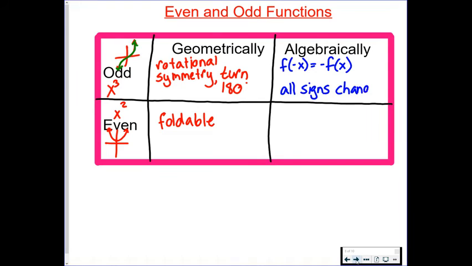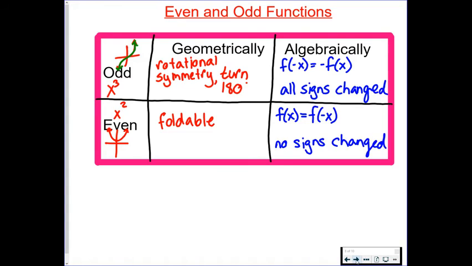You multiply by a negative, that flips the signs. That means it's an odd function. If it's an even function, then the original function, f of x, must be the same as if I plugged in a negative in place of all my x's, so that no signs changed.